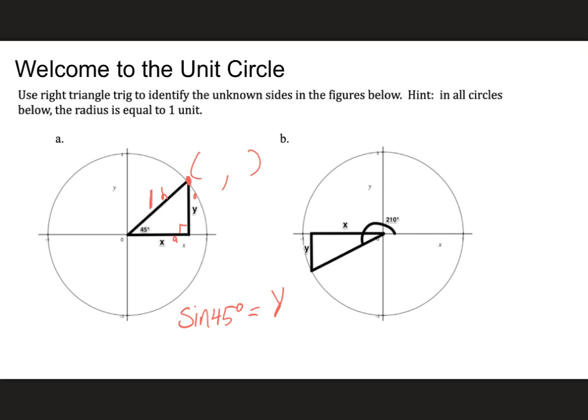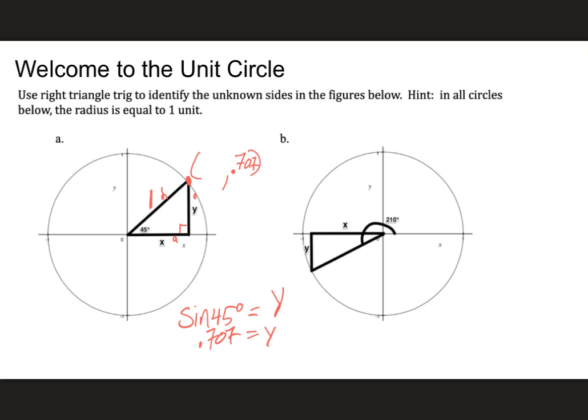Sine of 45 comes out to be 0.707, and that's our y coordinate here. This also introduces something really important: the sine of an angle is equal to the y value of the coordinate on a unit circle.